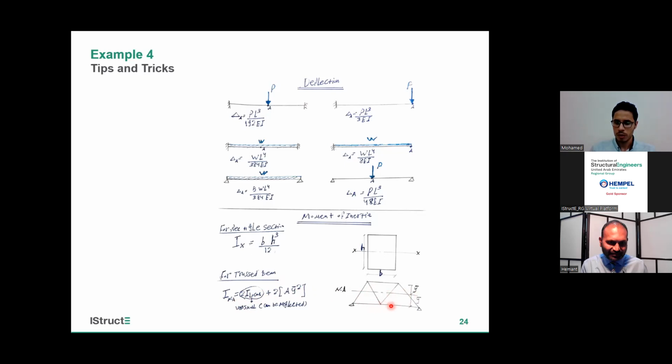We will have the local moment of inertia plus 2 times the area times the distance squared. But the local value is very small, so if we have a member, we can neglect it for quick calculation. We will just take the area times 2 times the distance squared.